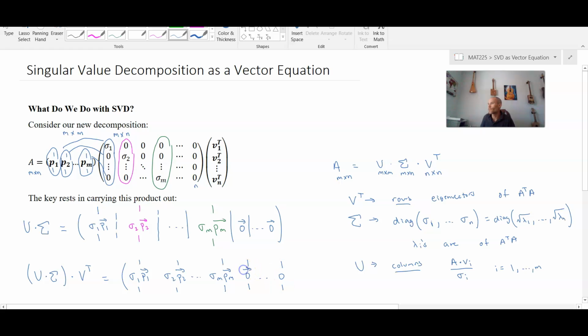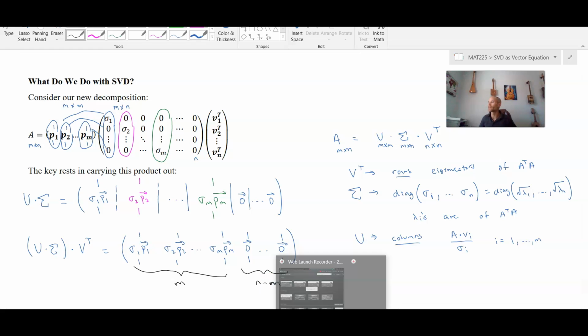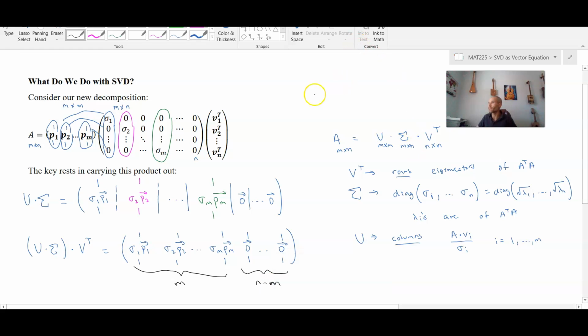Now, one way that I could think about this is in this special case right here, here are m columns. This goes all the way up to n. Therefore, I'm going to have n minus the m columns that I already have. That's how many more columns of zeros I'm going to have. I'm going to have n minus m 0 columns in this case.